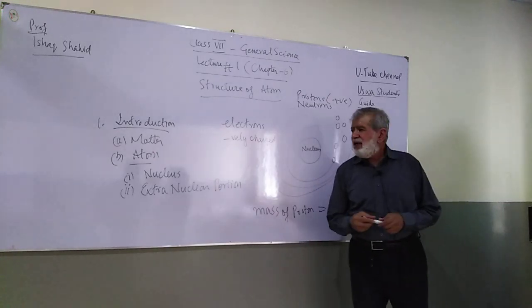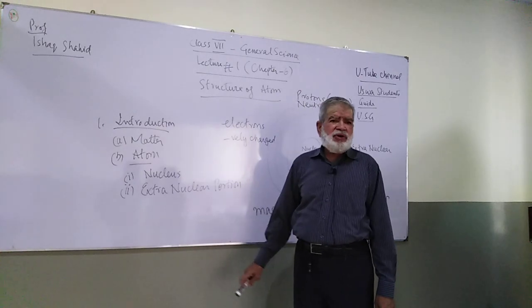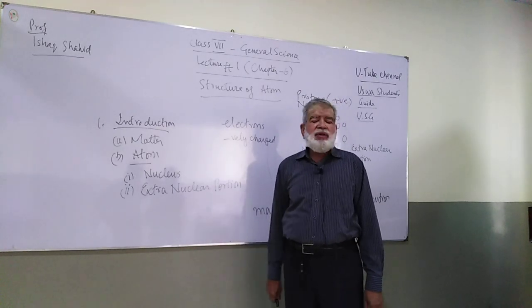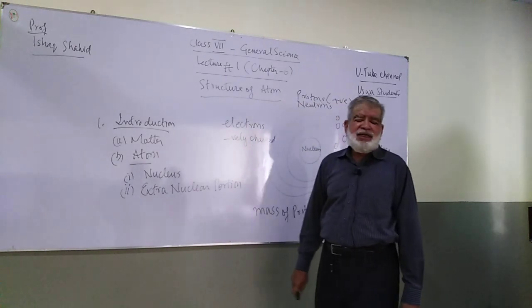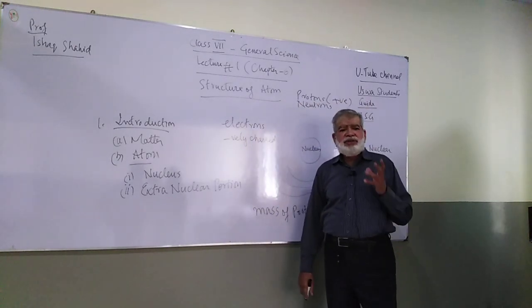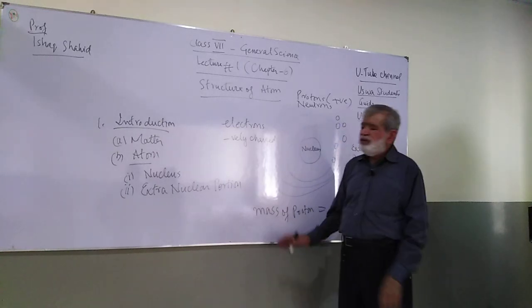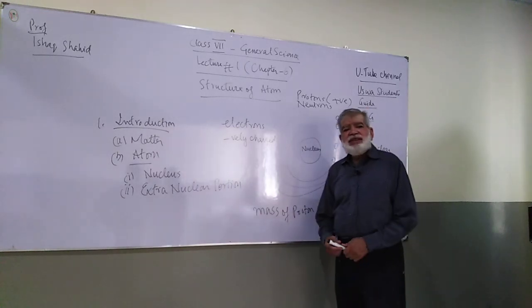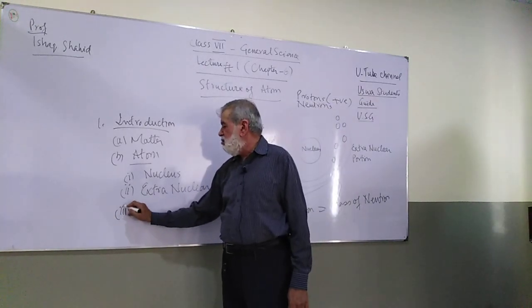Now I repeat again, in the nucleus are the protons and the neutrons, while in the extranuclear portion are the electrons. The protons and the neutrons are in the nucleus, and the electrons revolve around it in certain orbits known as shells.